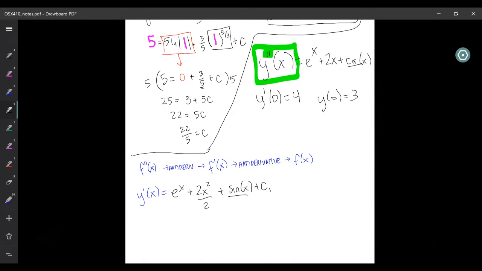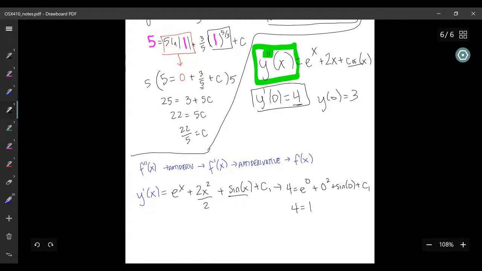Okay, so now we're going to use this information. I'm going to plug 4 in for y prime and 0 in for x. E to the 0 is 1, and x squared is 0. As promised, that constant is not always this number here. E to the 0 is 1, so that means that 3 is equal to C1.